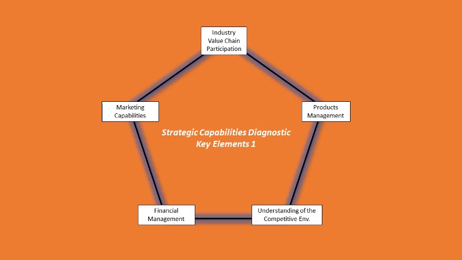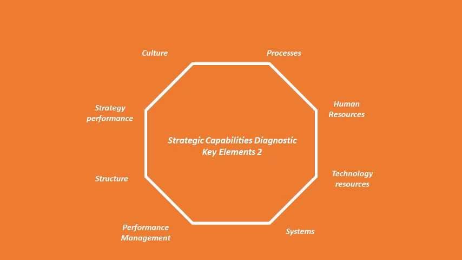The different sections are: marketing capability, product management, participation in the industry value chain, financial management, understanding of the competitive environment, culture, processes, human resources, technology resources, systems, performance management, structure, and strategy performance.